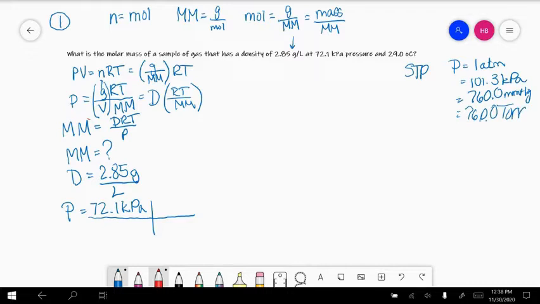So I can change kilopascals to any other units I want. In this case, it's atmospheres. So 72.1 kilopascals is actually equal to 0.7117 atmospheres. I'm not worrying about sig figs yet.